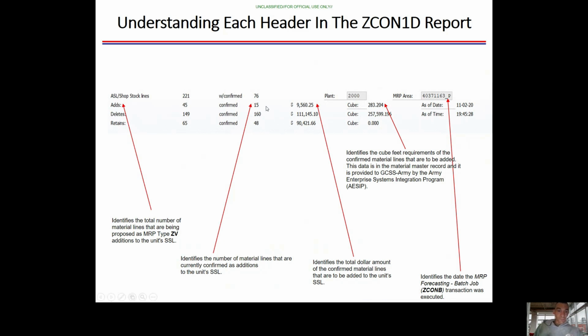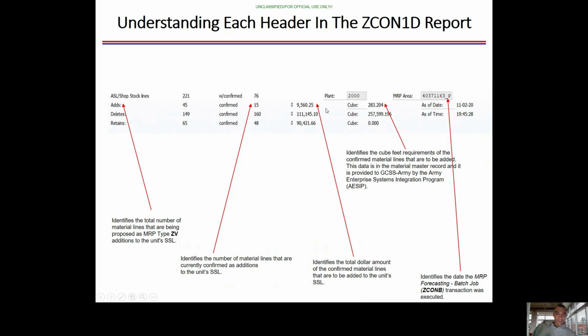Confirmed is the number of material lines that is currently confirmed on your unit's SSL. That's the current number you have right now. The dollar amount to the right of that identifies the total dollar amount of confirmed materials. Out of the 15 lines that we have here, we got a little over $9,500 of confirmed SSL.